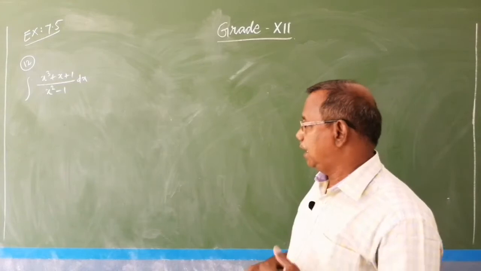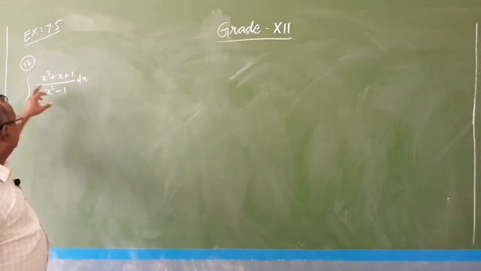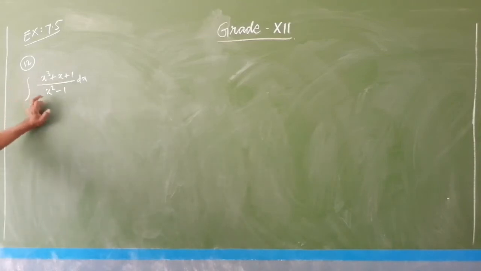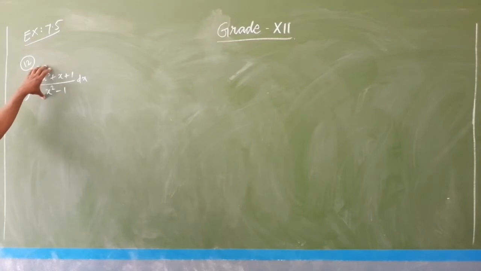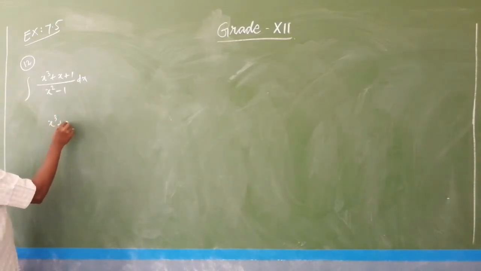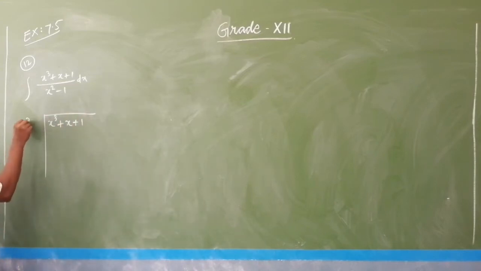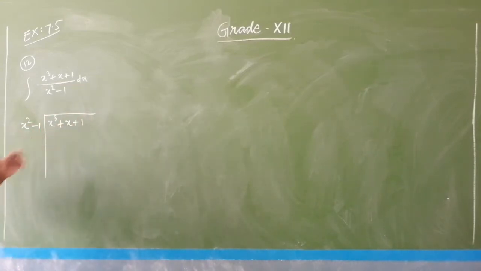Whenever the highest power of the polynomial in the numerator is greater than or equal to the highest power of the denominator, the rational function is considered an improper fraction. So we need to divide the numerator by the denominator, that is, divide x^3+x+1 by x^2-1. I am using the long division method here.